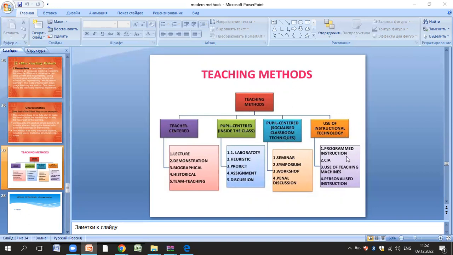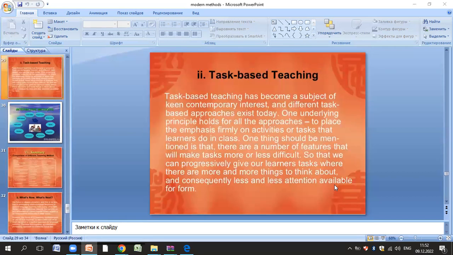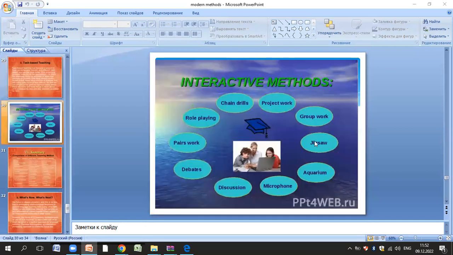Instructional technology: programmed instruction, teaching machines, personalized instruction. Interactive methods: change rules, project work, group work, jigsaw, gallery, microphone, discussion, debates, peer work, and role playing.